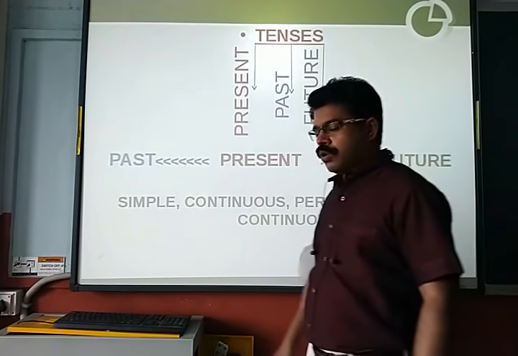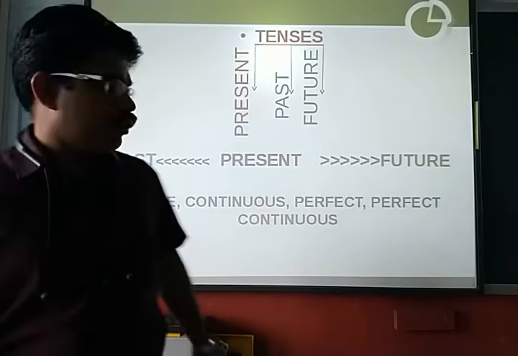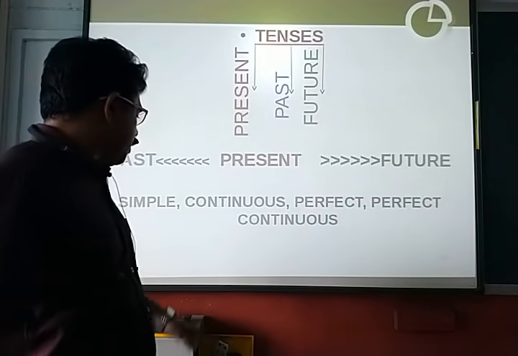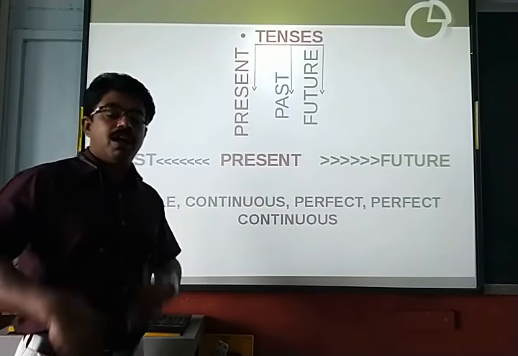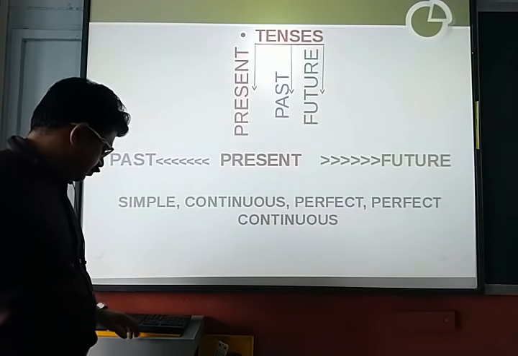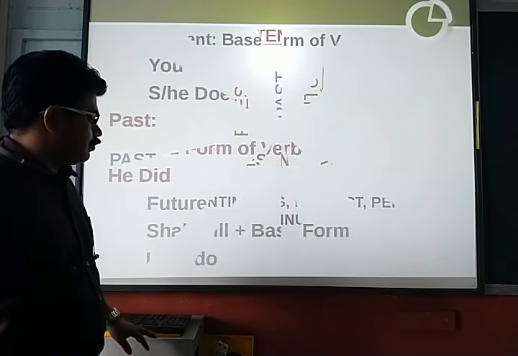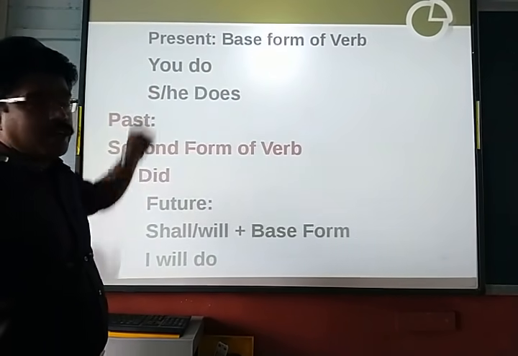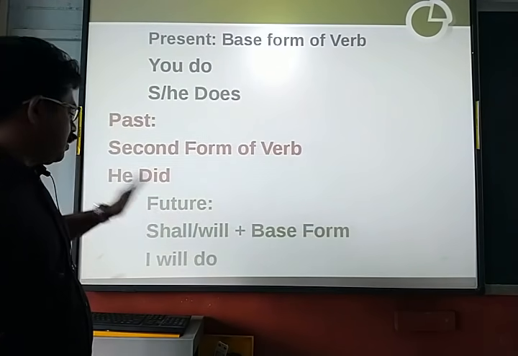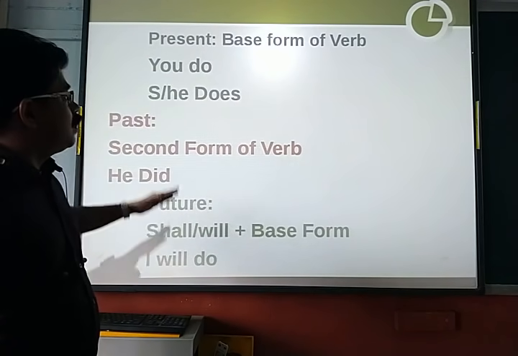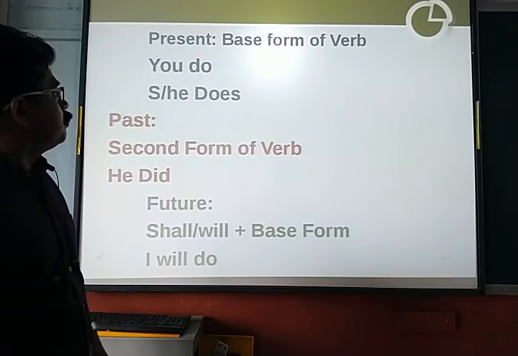We will go on seeing one by one, though not in detail, in a summarized form. We will see what the different types of tenses are and how they are used. Now here we have present, past and future, three divisions I have given you.